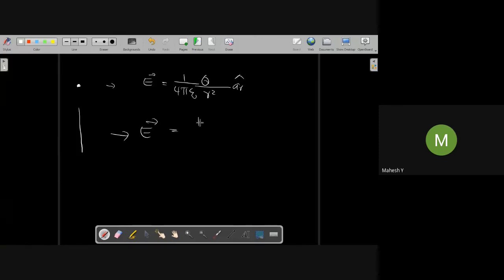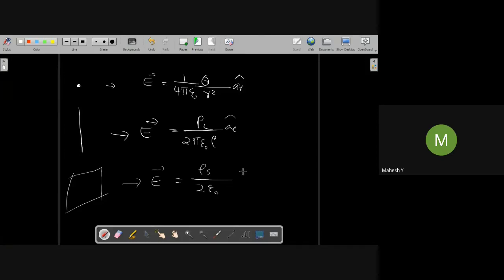It will be rho L divided by 2 pi epsilon 0 rho a rho cap, and sheet, the electric field intensity is what? Rho s by 2 epsilon 0, right? So these are the cases.